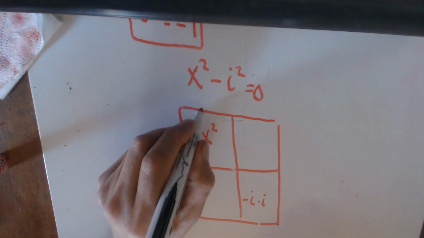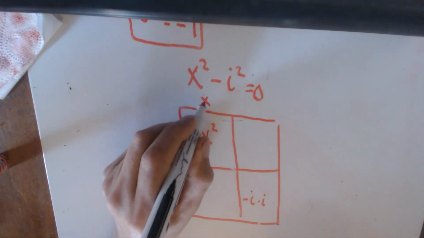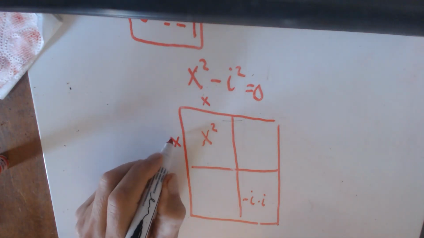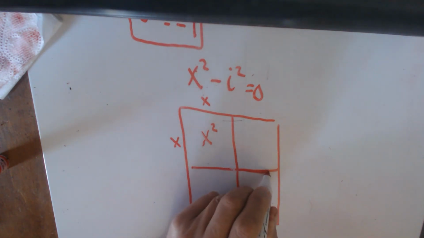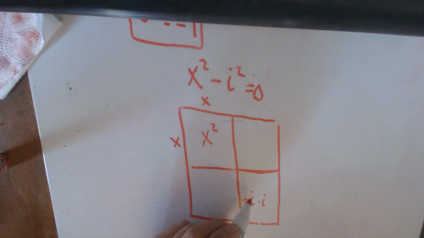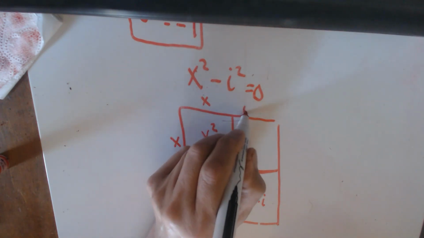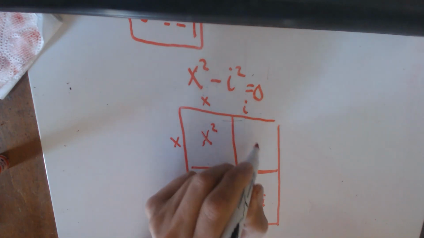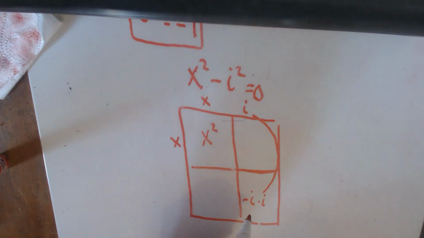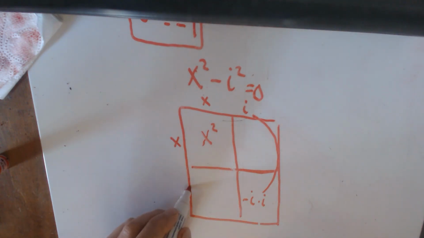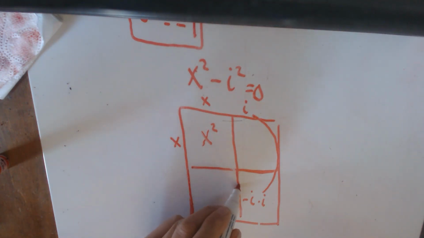So this side here is x, and this is x. This side here is one of these factors, so it is i. The i goes there, and this side here must be this one then.